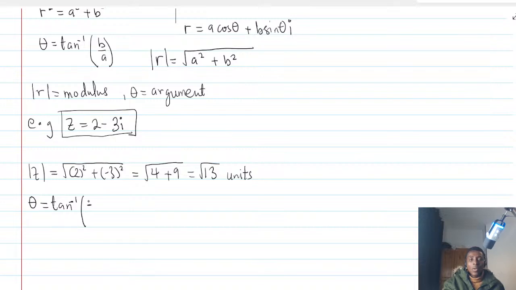So the tan inverse of 3 over 2. And what is the tan inverse of 3 over 2, guys? What is the tan inverse of 3 over 2?